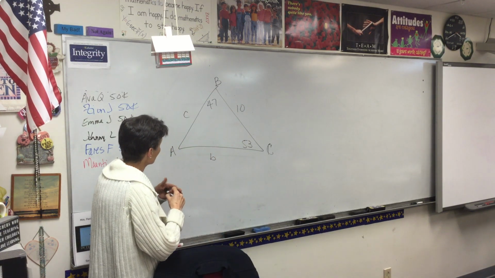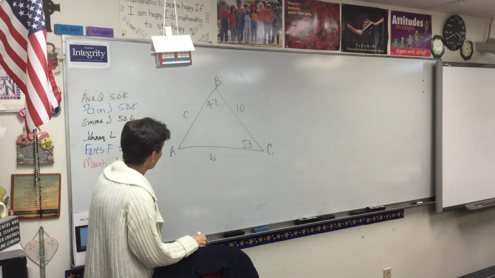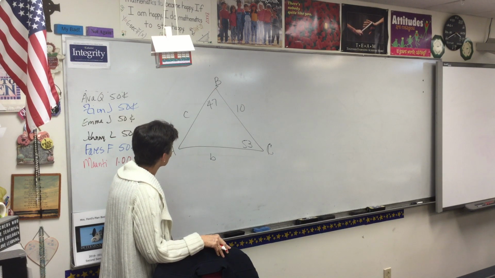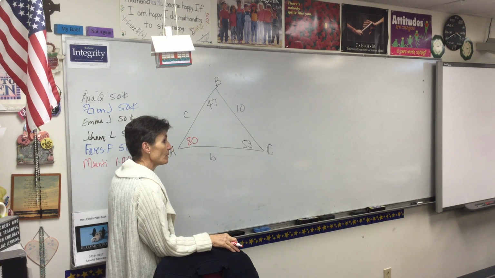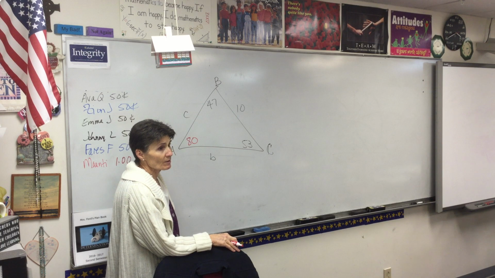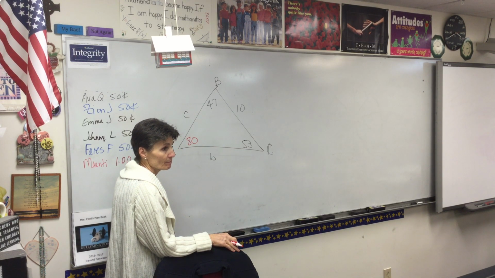What do you think we should find first? Subtract the angles from 180. Let's find angle A. 80. Angle A is 80. If we have 2 angles of a triangle, you can always find the third one really simply, right? Let's not make that complicated.